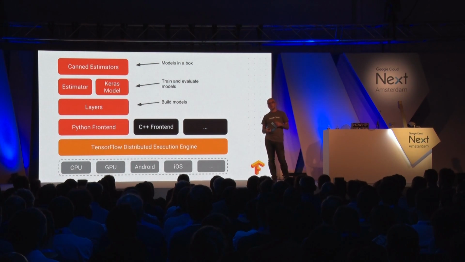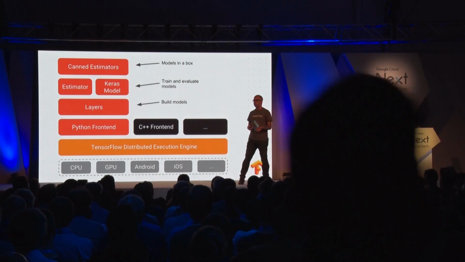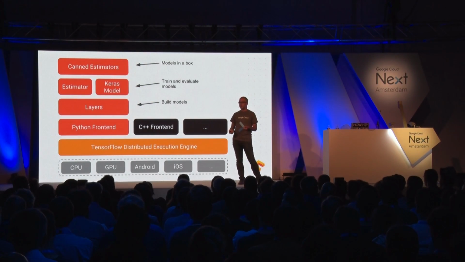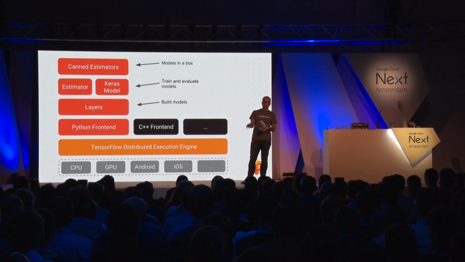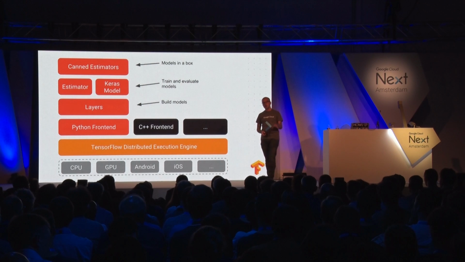And on the estimator level, it doesn't mean that because you're in that level, you can't build your own model, or do something that's different that hasn't been done before. You can. We have a custom estimator there, so you can take advantage of that custom estimator class and start building your model there, and then use that to run in a distributed fashion as well. So estimators, if you're going to be doing stuff on TensorFlow and you want to do it in production, estimators is a real must.